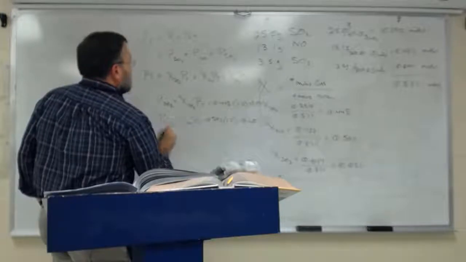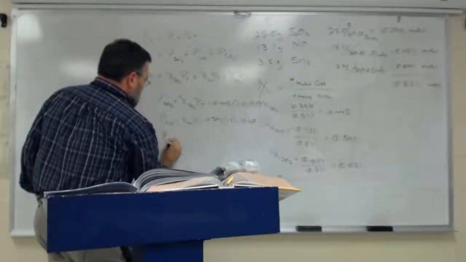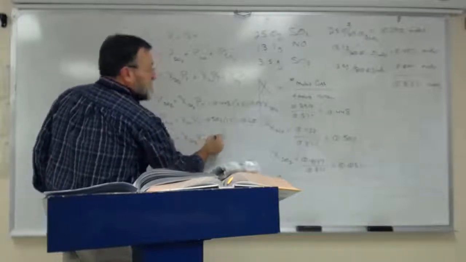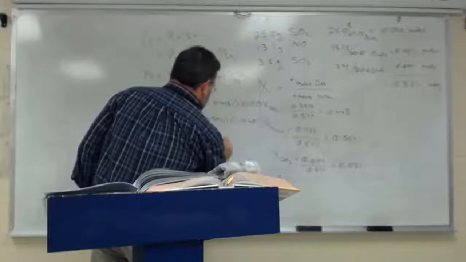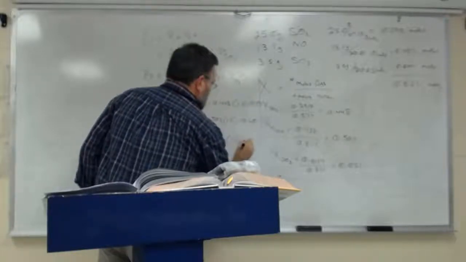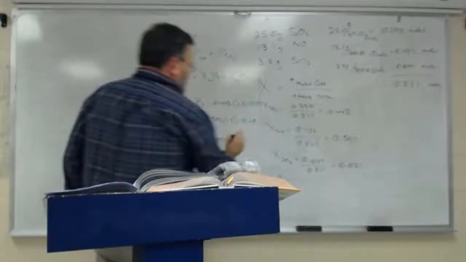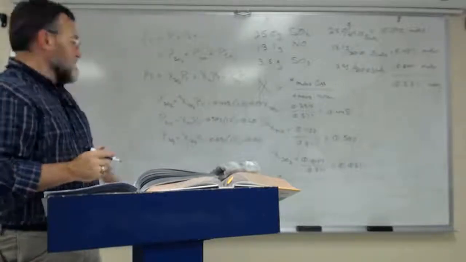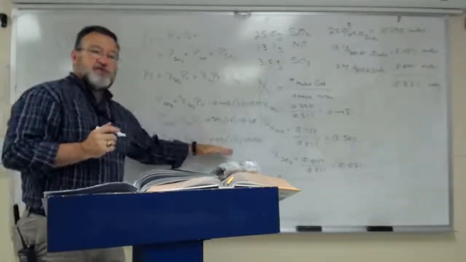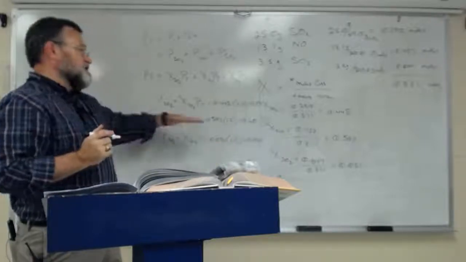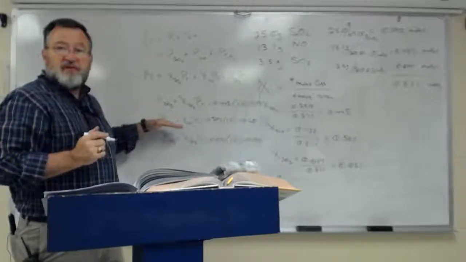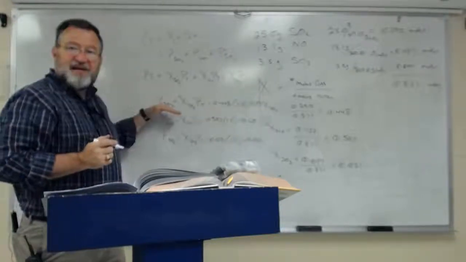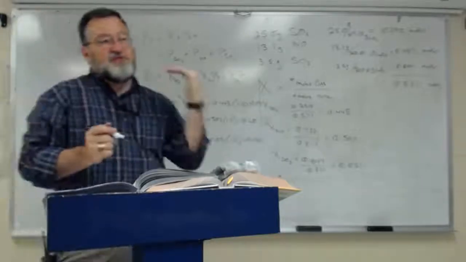And the pressure due to the sulfur trioxide is equal to the mole fraction of the sulfur trioxide times the total pressure, which is going to be 0.051 times 1.2 atmospheres for 0.061 atmospheres of pressure. The 0.061 atmospheres due to the sulfur trioxide plus the 0.60 atmospheres due to the nitrogen monoxide plus the 0.54 atmospheres due to the sulfur dioxide equals the 1.2 atmospheres total in the balloon.